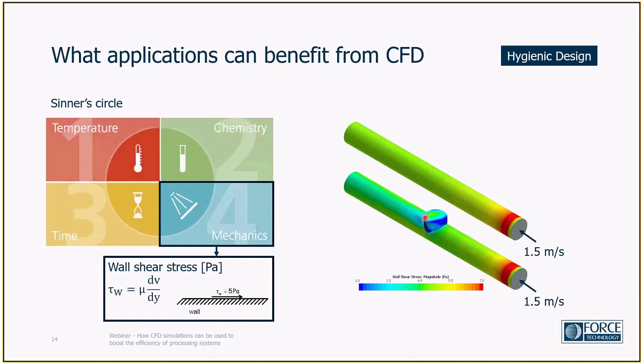And the worst thing is that it's not only affecting this area, but the dead end is also affecting the area downstream of the pipe, all here. So all this will also be affected by the dead end, meaning that it will give a poor mechanical cleaning compared to the straight pipe, where we can see that in all this area the wall shear stress is more or less constant once the flow is developed.